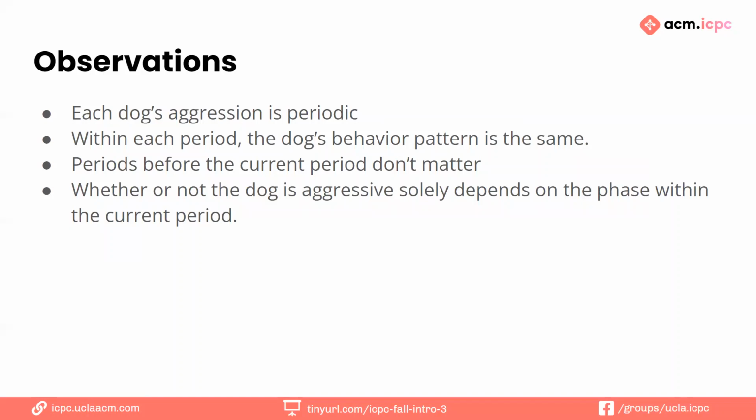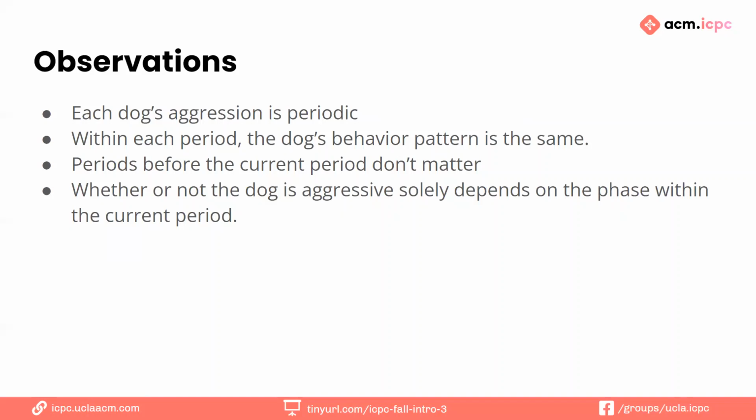By now, hopefully, you have noticed that each dog's aggression is periodic. For example, the first dog is aggressive for 2 minutes and then calm for 2 minutes, and then aggressive for 2 minutes and then calm for 2 minutes. Within each period, the dog's behavior pattern is the same, and the periods keep on happening over and over.